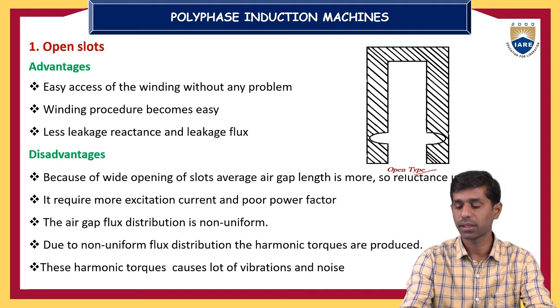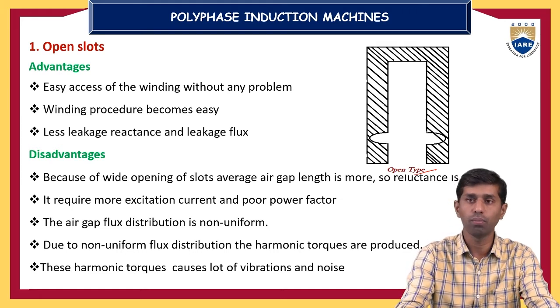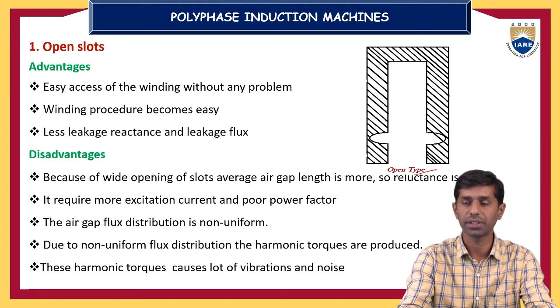Leakage flux is the flux which does not link both the windings, that is, the stator and rotor magnetic circuits. It links only the stator one, and we call it leakage flux. If it links both the windings, stator and rotor, we call it mutual flux.